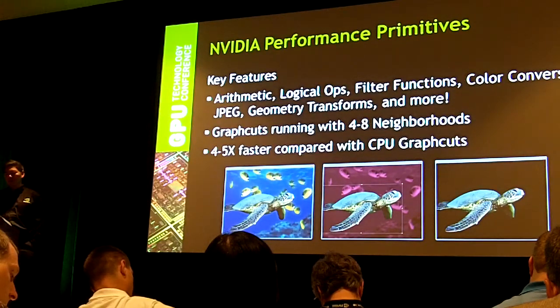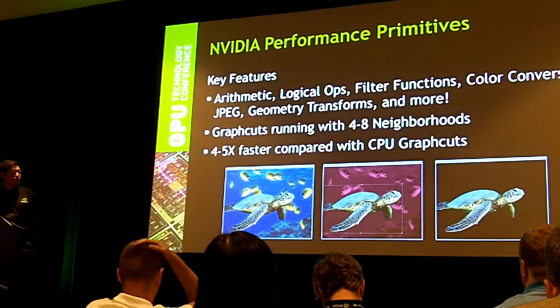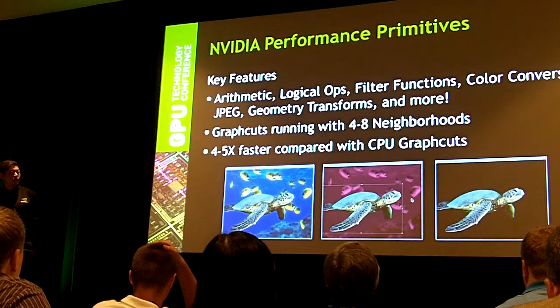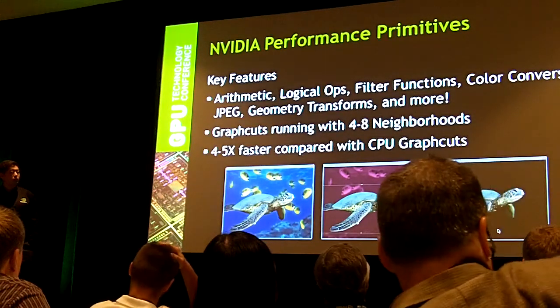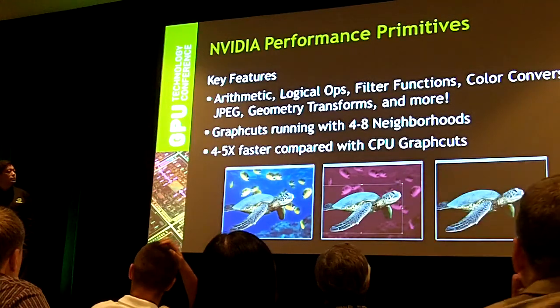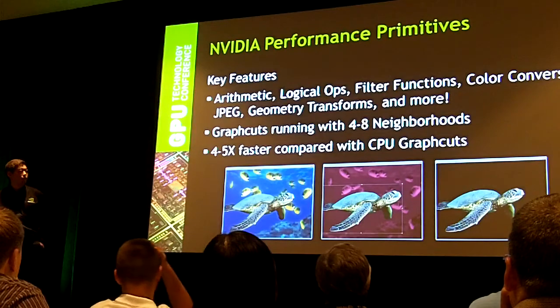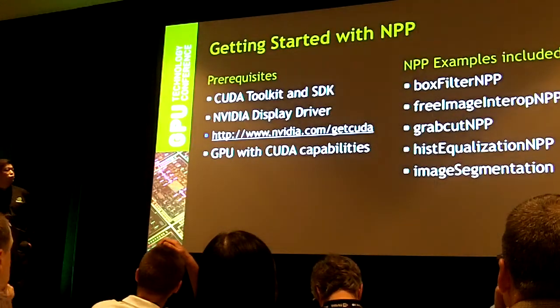You can see this is an example of a graph cut that's running. You can take a particular image and apply a bounding box, and graph cuts will go through and remove the background from the image. Generally, we find that graph cuts runs about 4 to 5 times faster compared to optimized CPU versions.